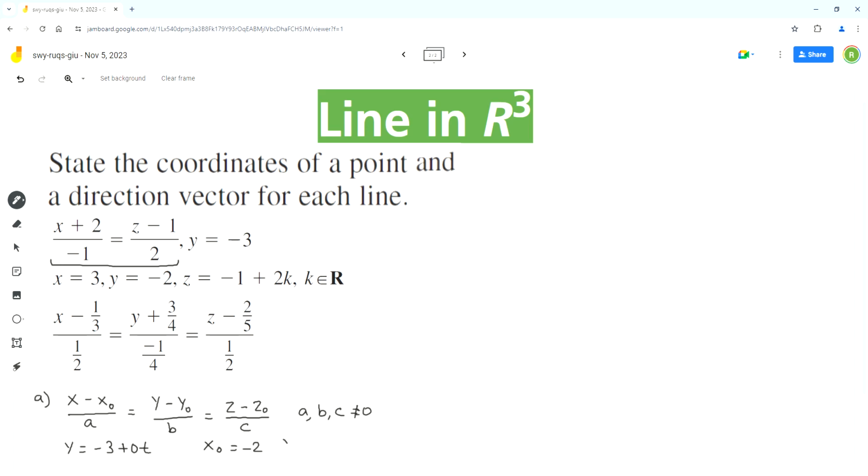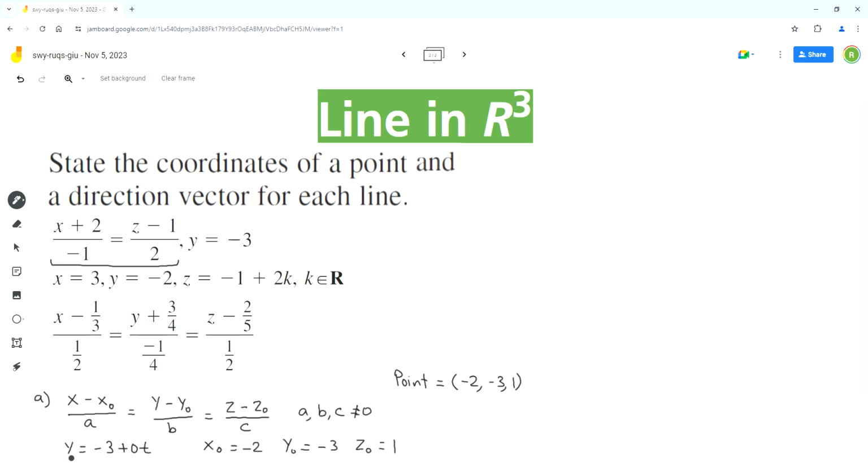Y naught is the number term in this y equation, which is -3. Z naught is equal to 1. So the coordinates of a point that lies on this line is -2, -3, 1.